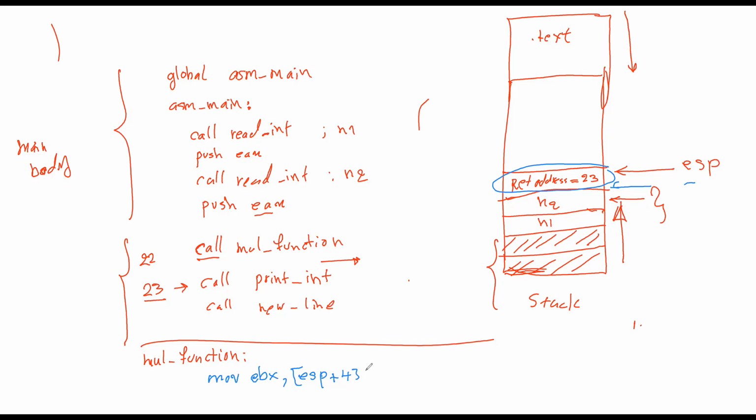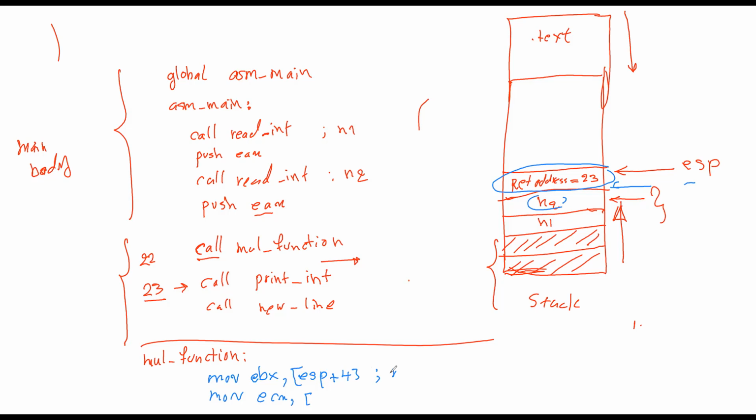The other thing that you can do to simplify this is to move the other element to another register, or you can work directly with the stack itself. So for the second element, what should be the value inside the bracket? Now we take N2 into EBX.